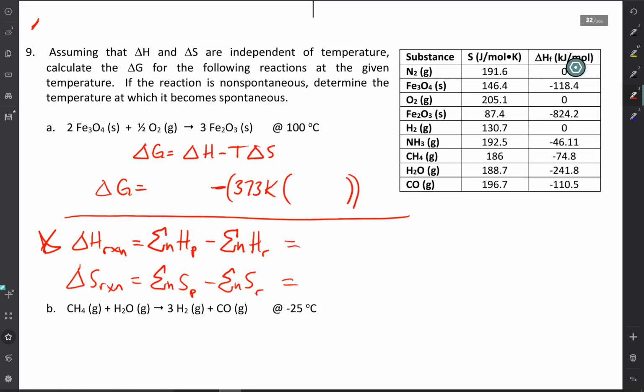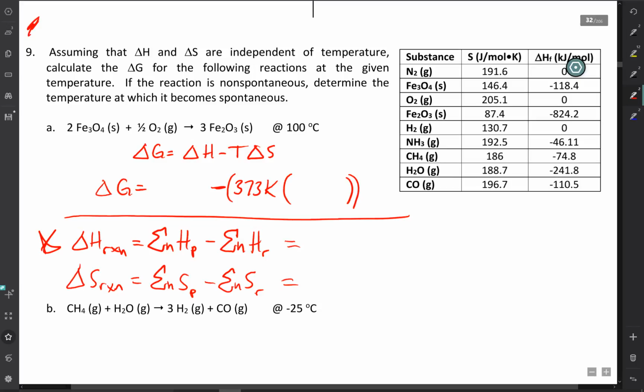But I will tell you that for this reaction, enthalpy is equal to negative 2235.8 kilojoules per mole. Delta S is equal to negative 33.1 joules per mole Kelvin.